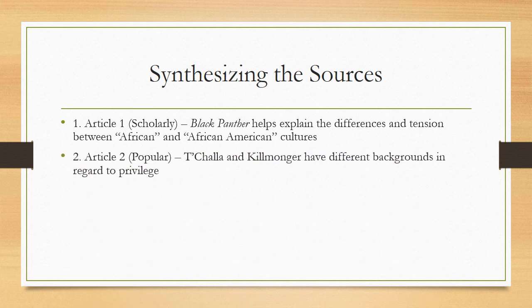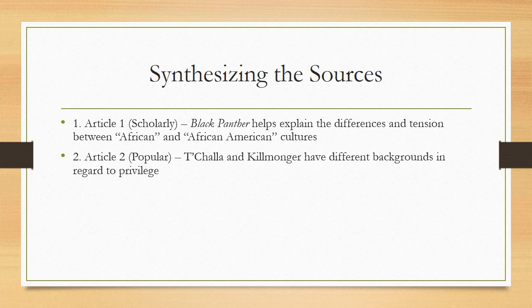Article 2, which I found using popular means, but really is a scholarly article, goes more specific. It goes into T'Challa as representing Africa, Killmonger representing African American cultures, and it focuses specifically on the concept of privilege, and that there's a connection between Killmonger and growing up in poverty in the U.S. and not having the same kinds of resources that T'Challa has in Africa.